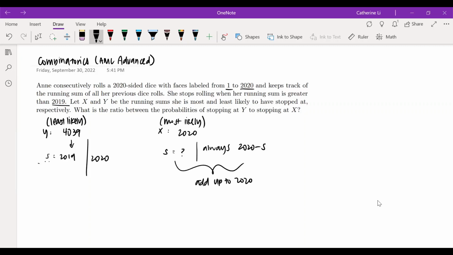So this isn't super formal, but I think the intuition makes sense. And then after this is when we actually need to think about how to calculate these probabilities.